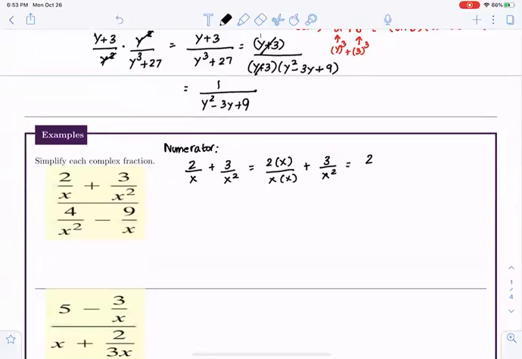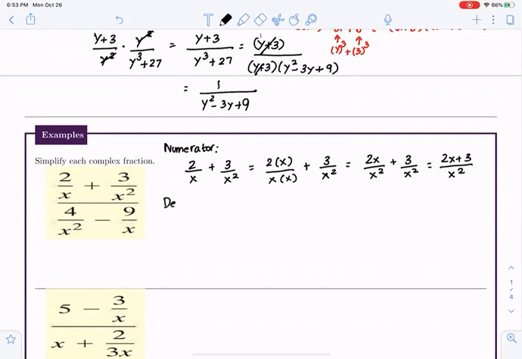So we will have 2x over x squared plus 3 over x squared. So I have a common denominator of x squared now. So we combine the numerators, so 2x plus 3 over x squared.